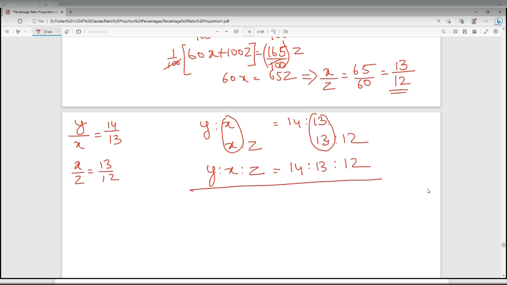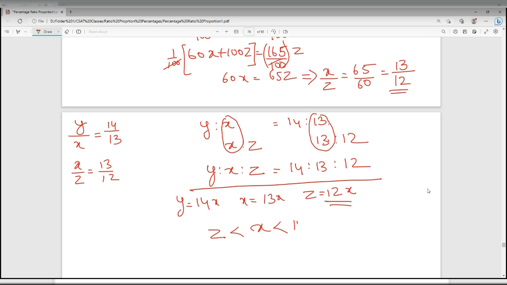Since y is to x is to z is 14:13:12, we can take y is equal to 14x, x is equal to 13x, and z is equal to 12x. And the least is z. After that is x, 13x.